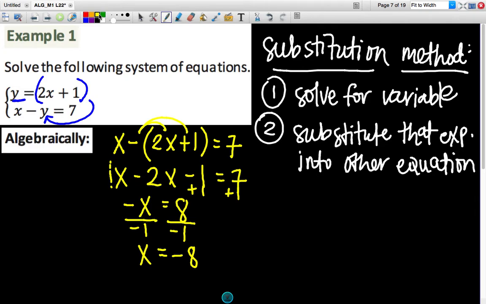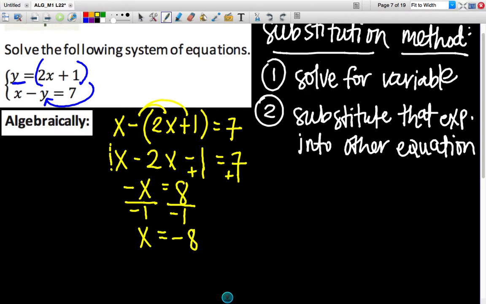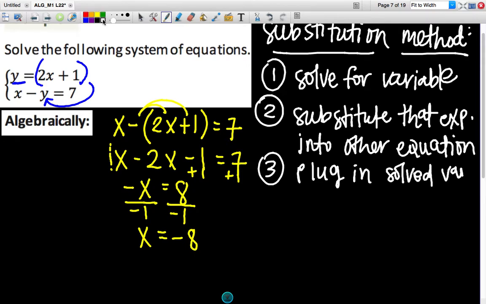And we have an x, and now we need to solve for y. So the last step is to plug in the solved variable to find the other value.